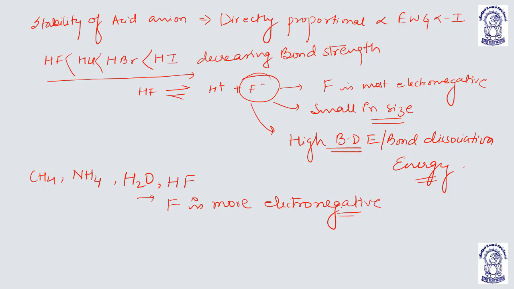The one which is more electronegative will attract the electrons, and it will make the conjugate base more stable. Okay, so HF will be, then H2. Is that clear?